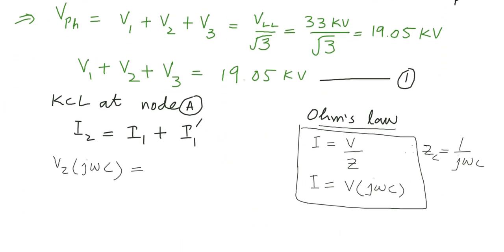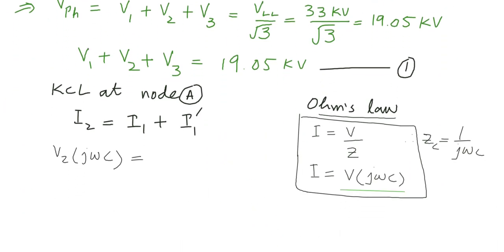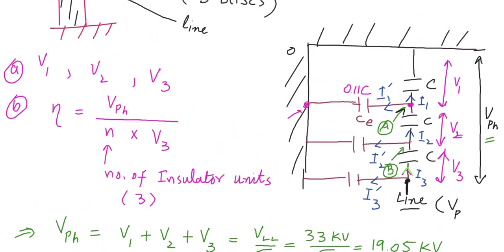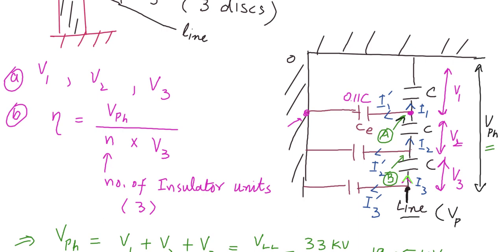I1 will be equal to, by Ohm's law, voltage across it multiplied by j omega C. So voltage across it is V1 multiplied by j omega C, plus now we have I1 bar. I1 bar is the current which flows through the earth capacitance. And the value of capacitance is 0.11 C, as you can see.